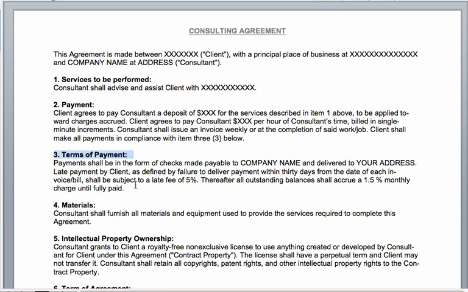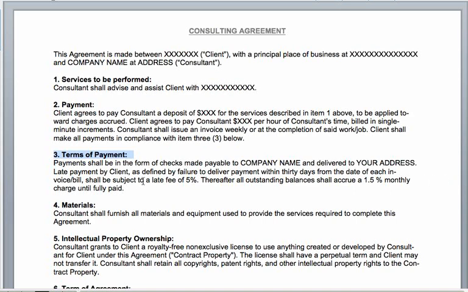In terms of payment, you want to ensure that you charge late fees for any late payments. My attorney suggested a late fee of 5% of the amount due, and thereafter all outstanding balances would accrue 1.5% late fees per month until fully paid.